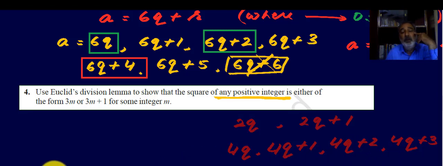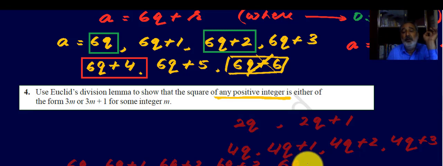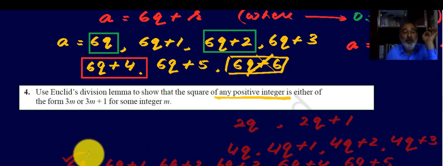And I think in the previous question, when I take b equal to 6, there were 6 different forms: 6q plus 1, 6q plus 2, 6q plus 3, 6q plus 4, 6q plus 5. Then any positive integer can have these 6 different forms.